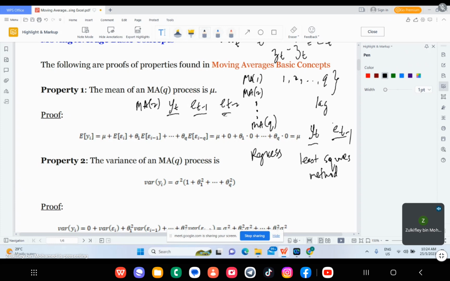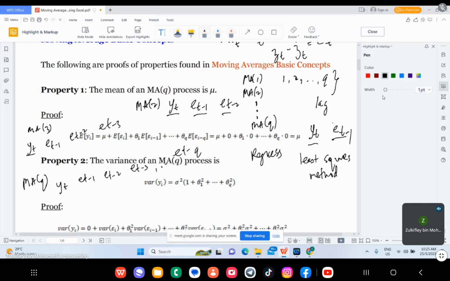Kalau MA3, kita regresskan YT bersama dengan epsilon T minus 1, epsilon T minus 2, and epsilon T minus 3. Kalau MAQ, kita regresskan YT dengan epsilon T minus 1 up to epsilon T minus Q. That is a MAQ.